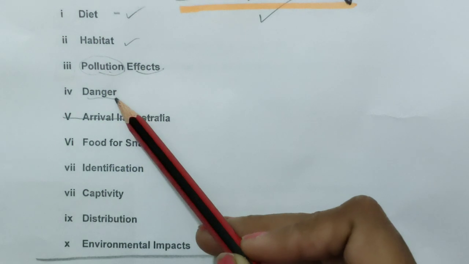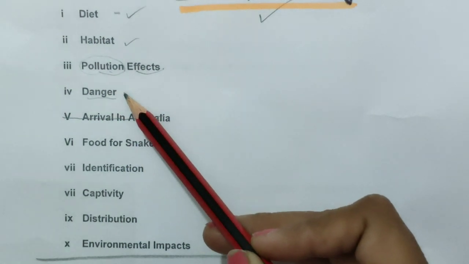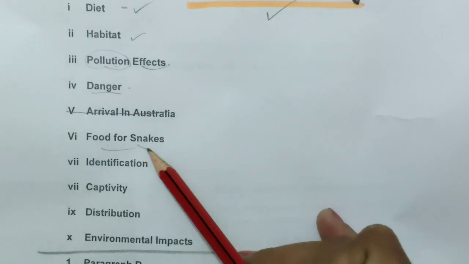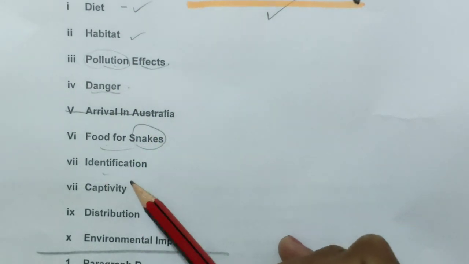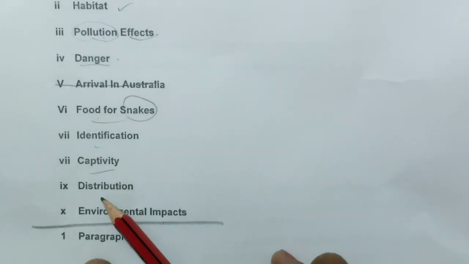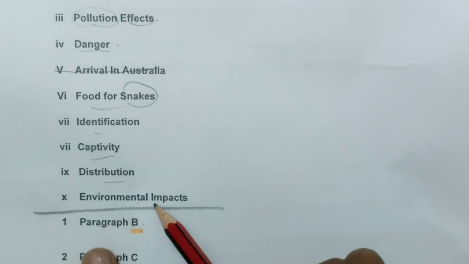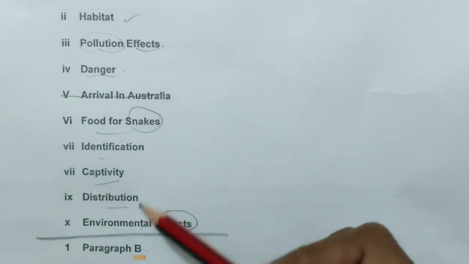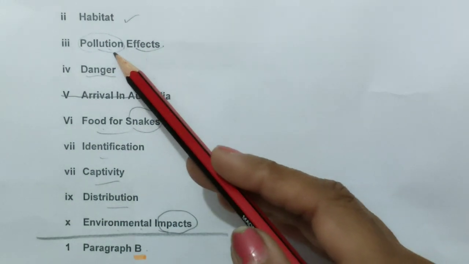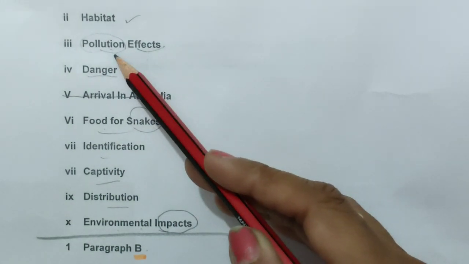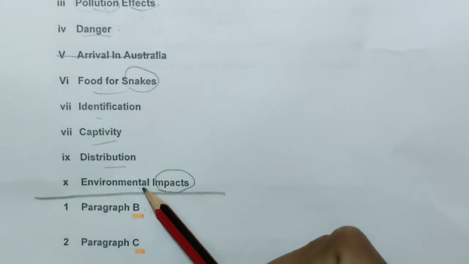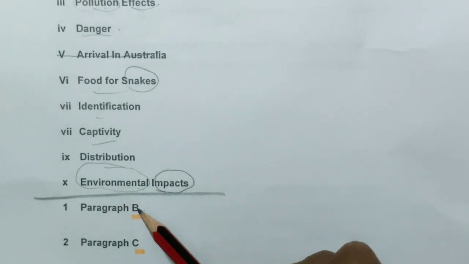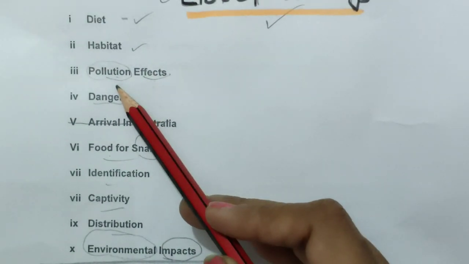Danger, some risk may be there in any paragraph. Food for snakes, definitely understandable. And identification and captivity, and distribution, environmental impacts. These two look the same, pollution effects and environmental impacts. But environmental means everything will be included, here all related to pollution and all.